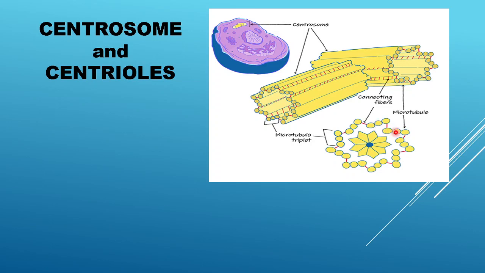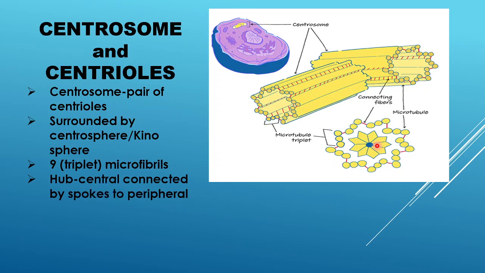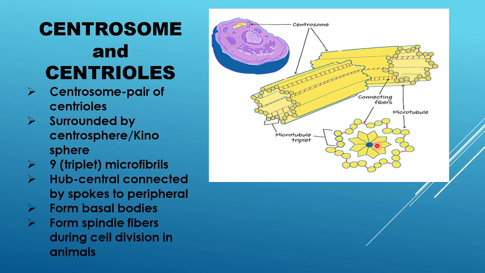Here you can see 1, 2, 3, 4, 5, 6, 7, 8 and 9 triplets, and radially they are present. The centrosome is a pair of centrioles surrounded by centrosphere or kinosphere. 9 triplets of microfibrils, with a central hub connected by spokes to the periphery.